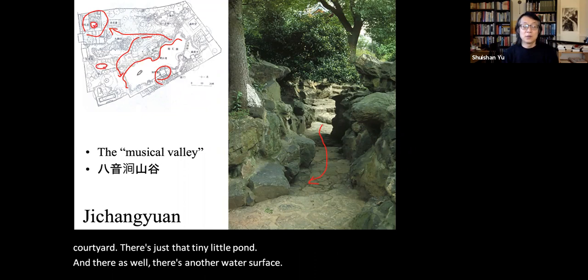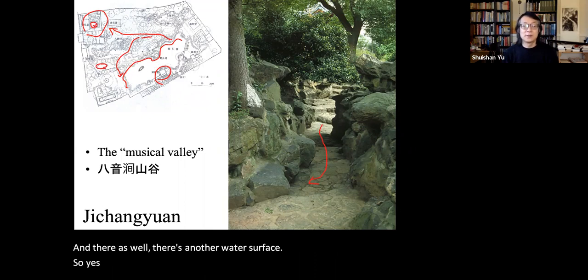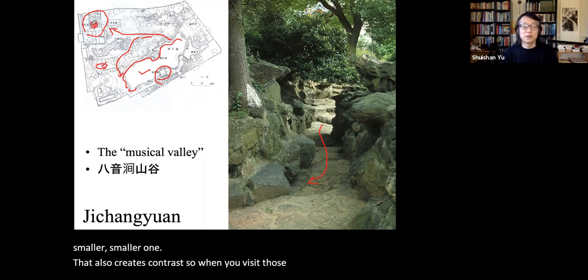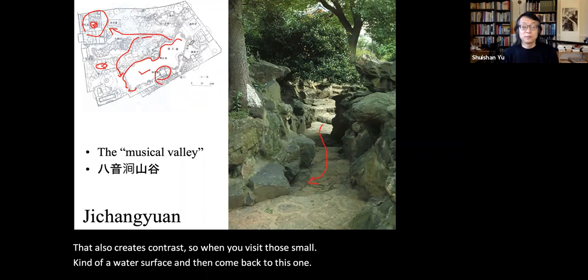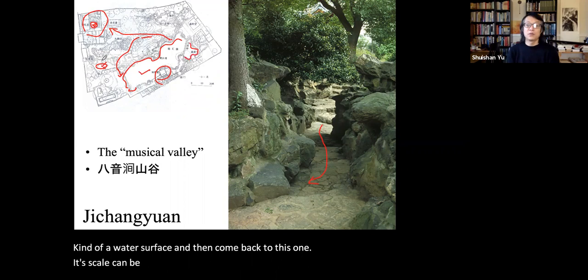So this water surface is not that big at all, but then there are even smaller ones. So that also creates contrast. When you visit those small water surfaces and then come back to this one, its scale can be better appreciated.